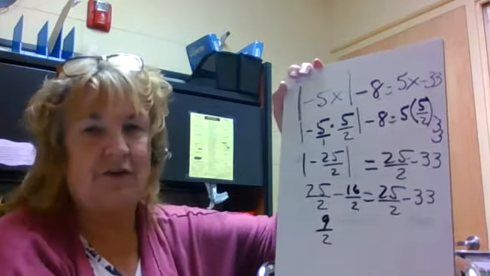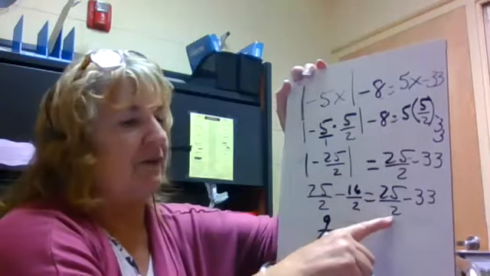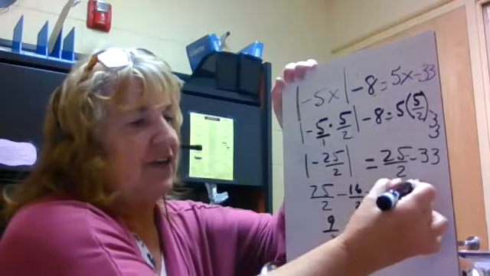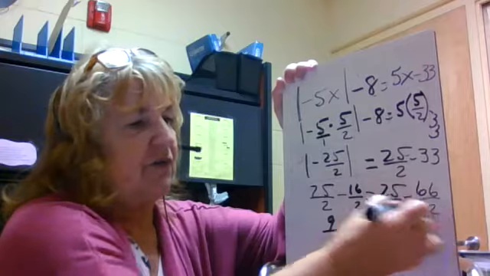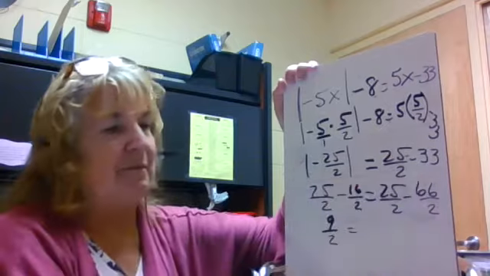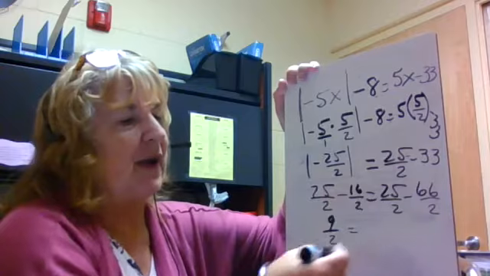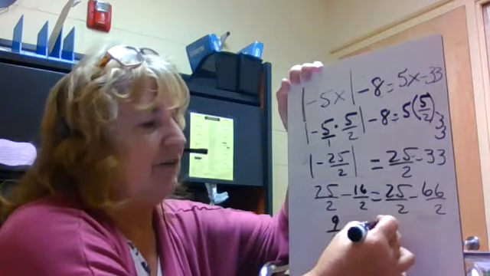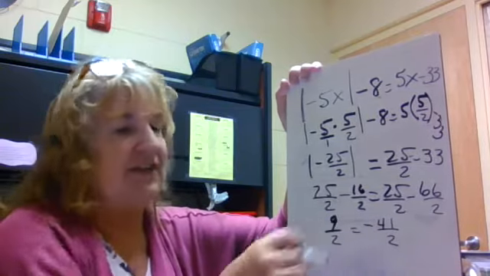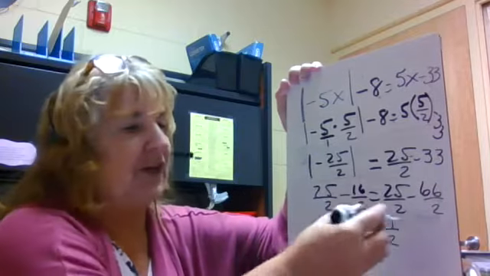So that's 9 over 2. Now do the same thing over here. We have a fraction. So multiply 2 times 33, and you get 66 over 2. Well, because they both have a 2 on the bottom, you just subtract the top. 25 minus 66 is negative 41 over 2. These are not equal to each other. That means that answer won't work either.